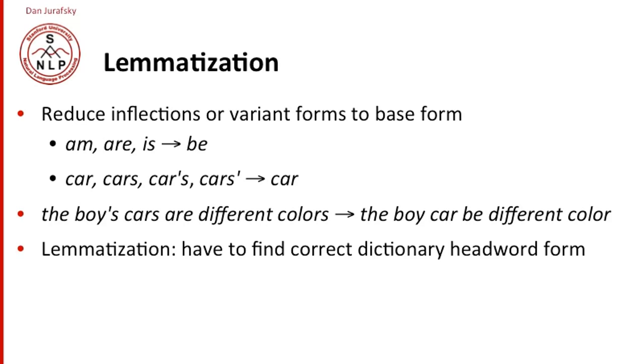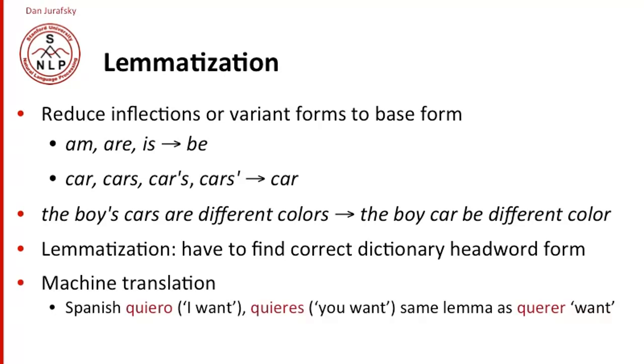So in general, the task of lemmatization is finding the correct dictionary headword form for a word form that you're given. And of course, this is very important for all sorts of applications, particularly machine translation, where, for example, if you have a Spanish verb like quiero, I want, or quieres, you want, it's very important to know that this is the same lemma as querer, the verb to want.